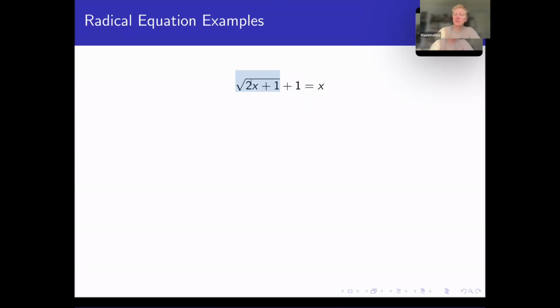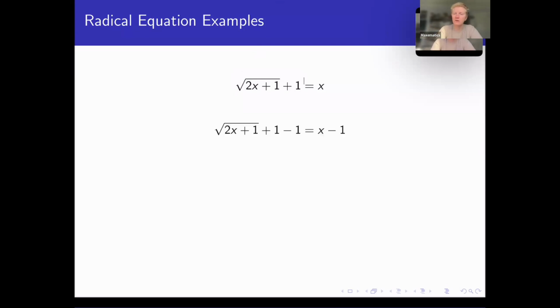But the second that the square root or whatever radical is not on its own, you need to get it on its own. You cannot square both sides when it is like this, because if you were to square this, this is (a + b) squared, and that would be something you need to FOIL. And it wouldn't even get the square root out of there if you had to FOIL. So please be careful. When you are dealing with radical equations, make sure the radical is by itself.